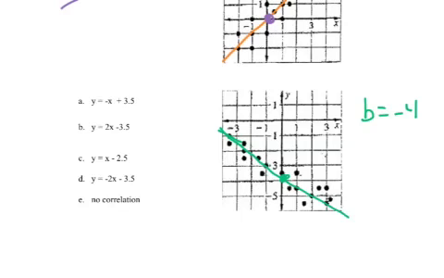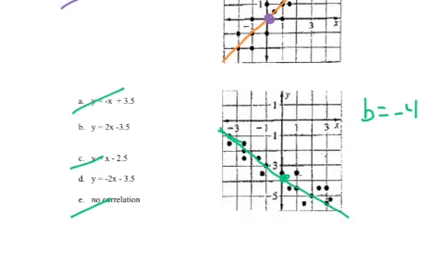A y-intercept of a positive 3.5 definitely won't work. Negative 3.5 y-intercept is very close to -4, so that one could possibly be it. Y-intercept of negative 2.5 is too far away. Negative 3.5, like I said, could possibly be it. No correlation, definitely not, because your data points are not scattered.